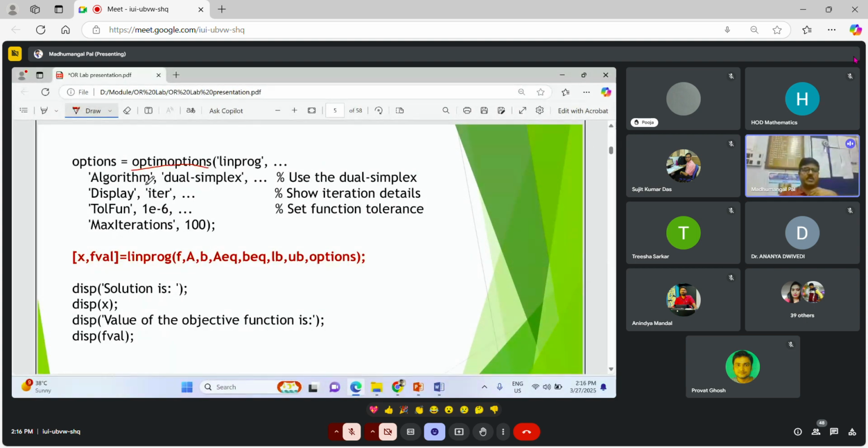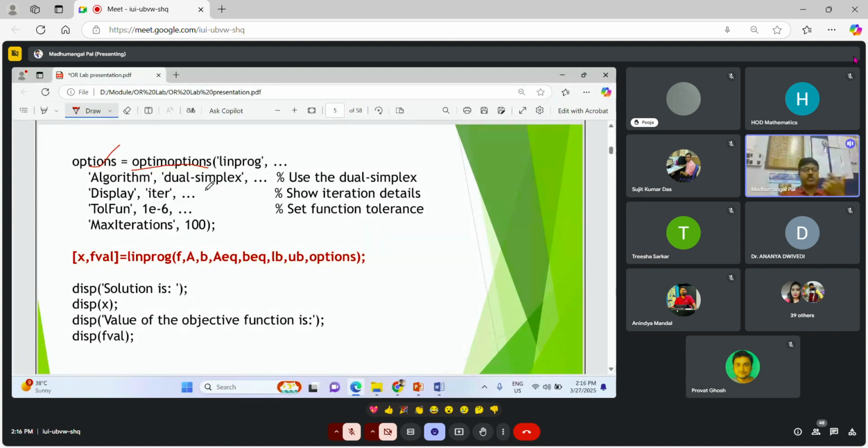This is the name of the function available in MATLAB, but options is a user defined variable, which indicates that some options can be given through this function. So optimoptions is the name of the function, which includes linprog. Linprog is the function used to solve the linear programming problem, and it is written within quotes as the first parameter for this kind of option.